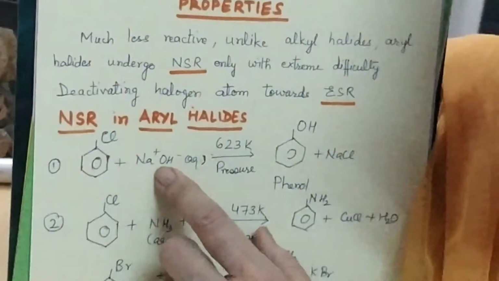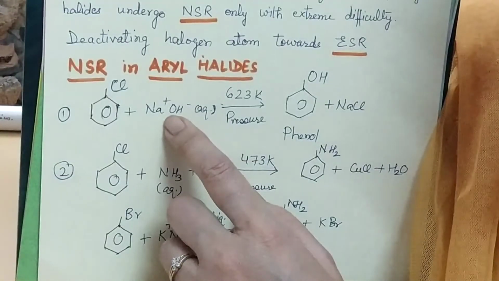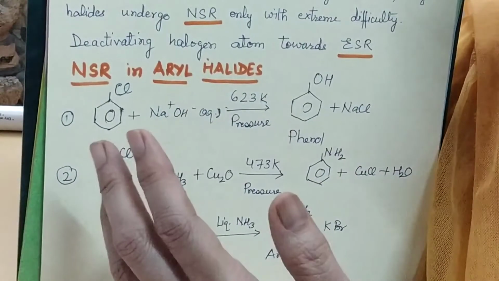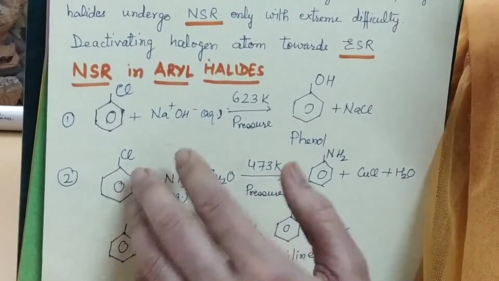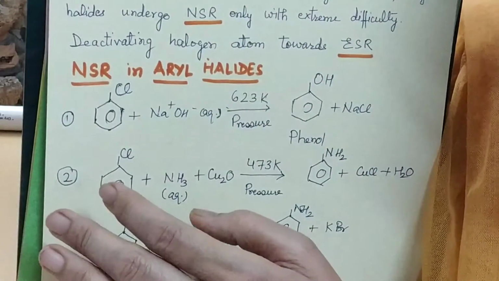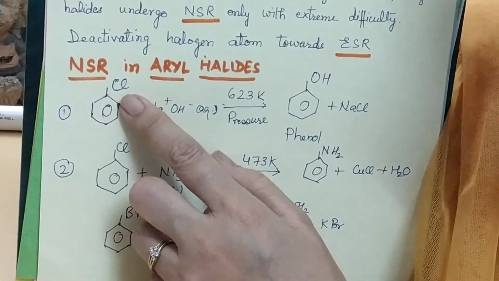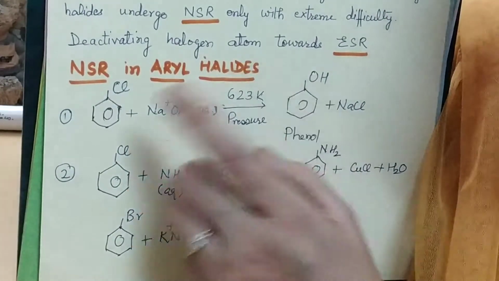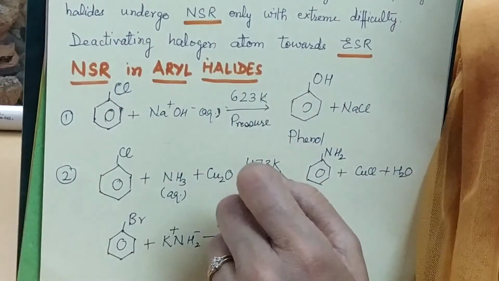When you treat it with NaOH, just like you did in the case of alkyl halides, in their case it was simple treatment with aqueous NaOH or maybe KOH, and it yielded an alcohol. In this case, what you expect is that instead of Cl, you should obtain an OH group here, that is, you should obtain a phenol from chlorobenzene.